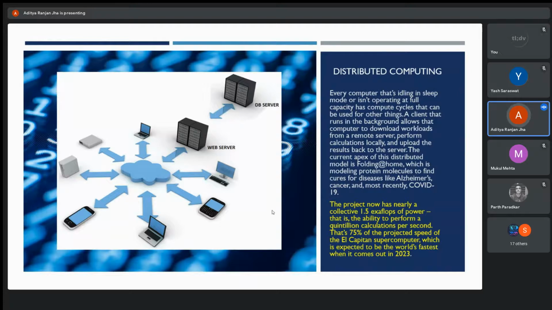Currently it's targeted more towards COVID-19, but it is expected to target finding cures for diseases like Alzheimer's, cancer, etc. And I think currently it is one of the fastest forms of computing systems, because it can perform about, as mentioned, 1.5 exaflops of power.